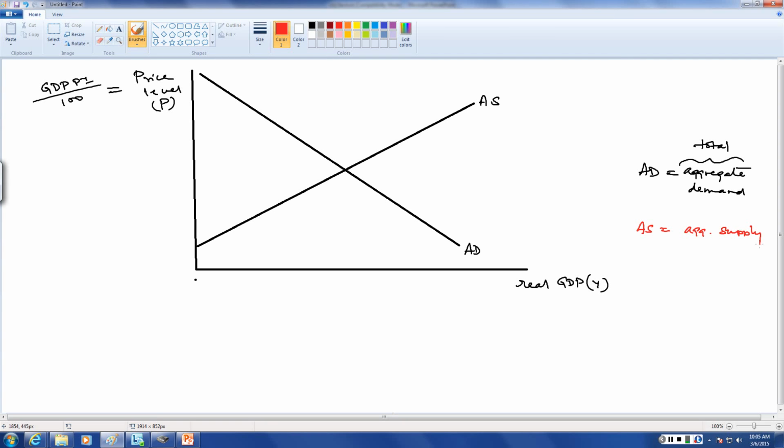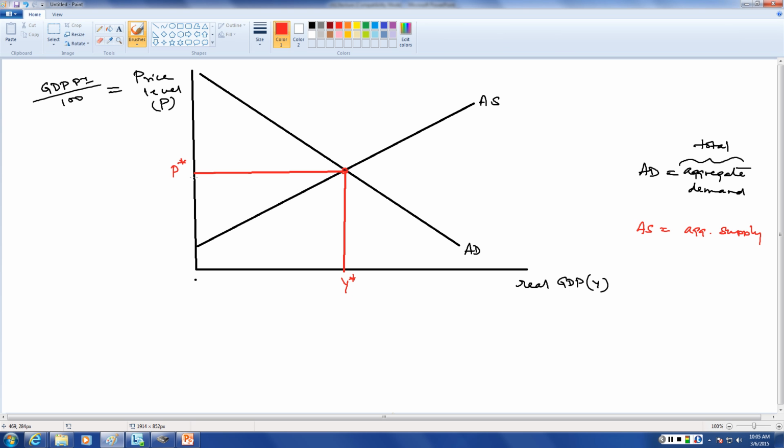And we have equilibrium in this economy, in other words, macroeconomic equilibrium, where the two curves intersect. So that is going to give us equilibrium real GDP and the equilibrium price level. So this is Y star, equilibrium real GDP, and this is P star, which is the equilibrium price level. I'm saying nothing new here, I'm just repeating stuff from our last class.